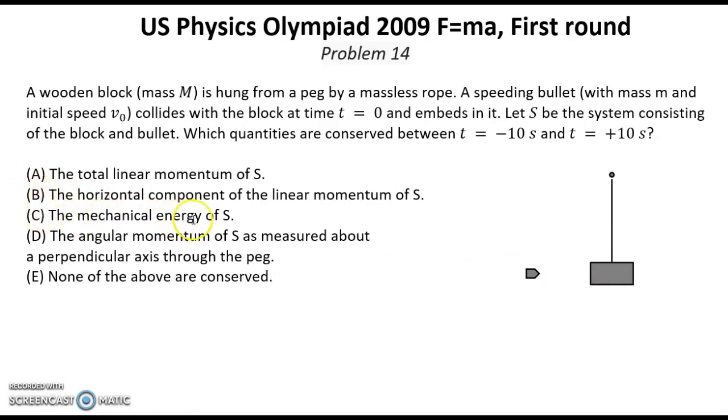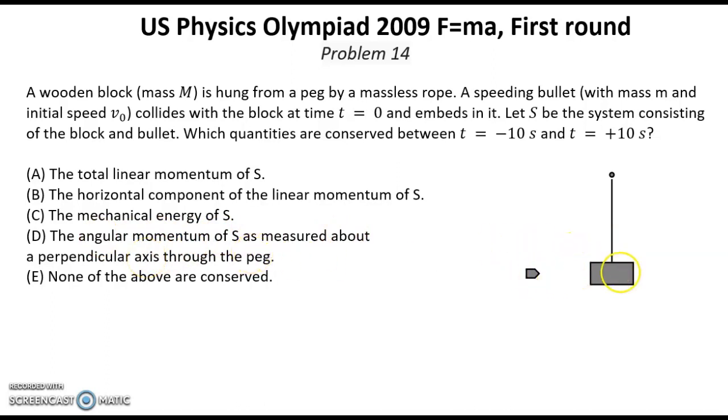C. The mechanical energy. Mechanical energy is not conserved because here we have an absolutely inelastic collision and we will lose some energy during this collision. D. The angular momentum of the system as measured about a perpendicular axis through the peg.